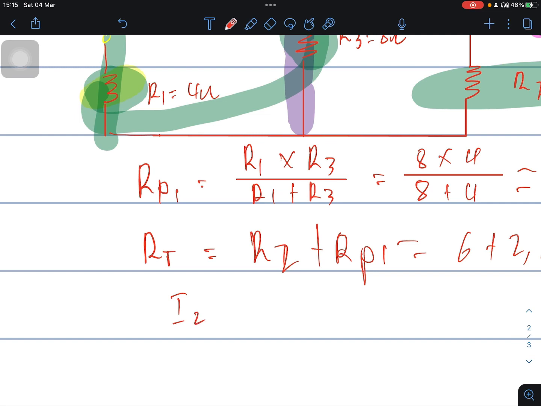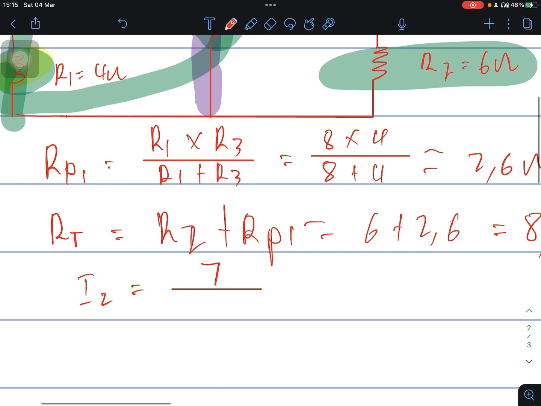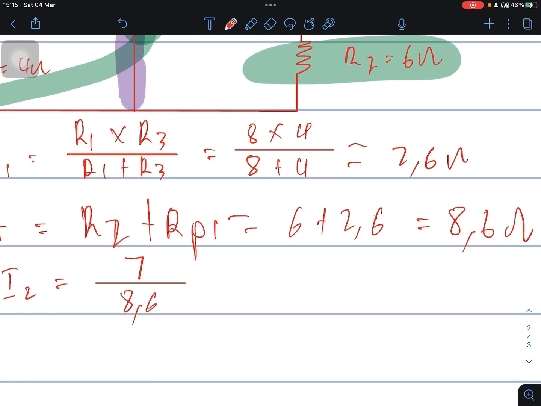I2 is 7 volts over RT, which is 8.67. That is 7 over 8.67, which gives us 0.814 amps.